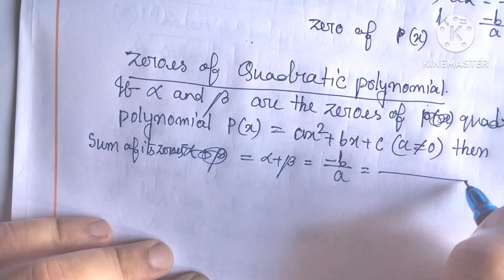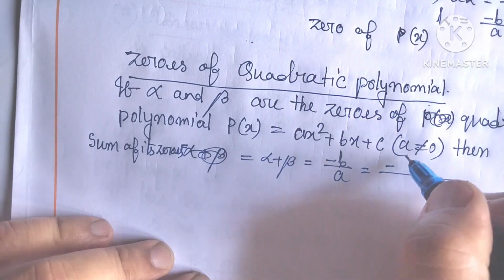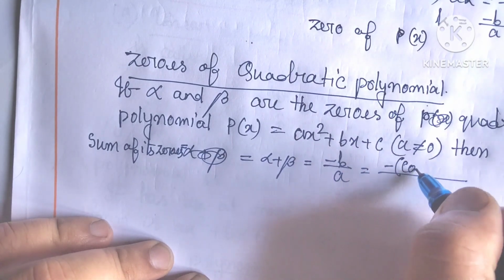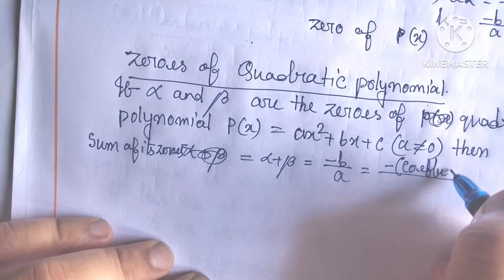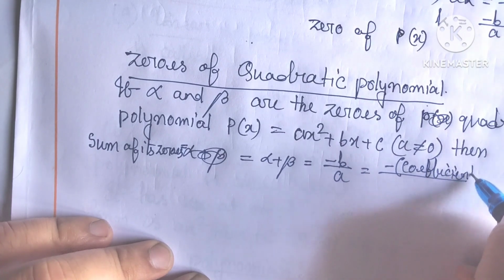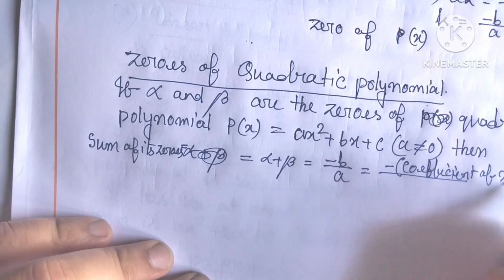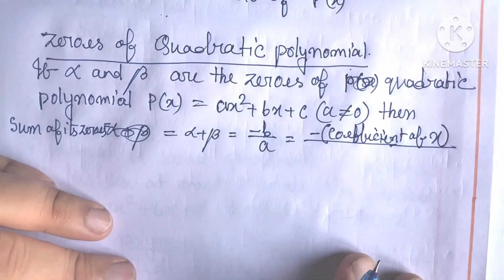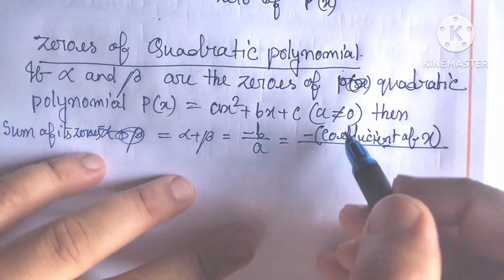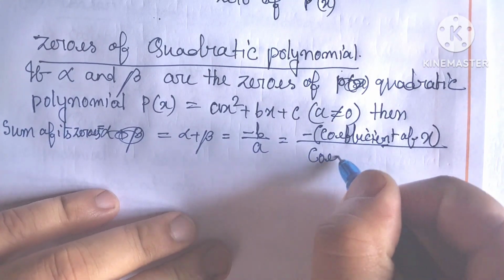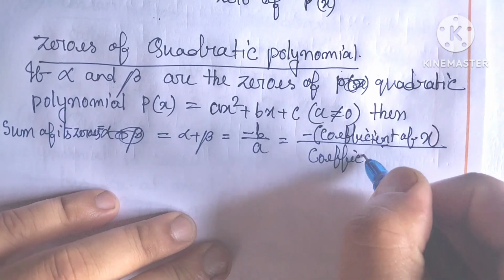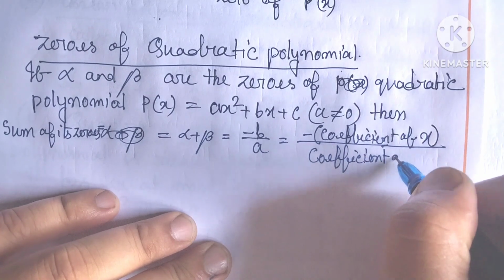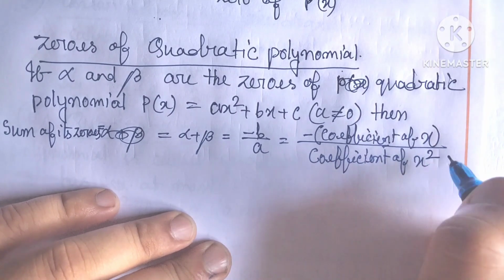Here b is the coefficient of x, so we write minus coefficient of x divided by coefficient of x square.